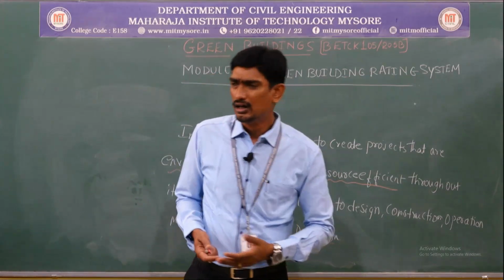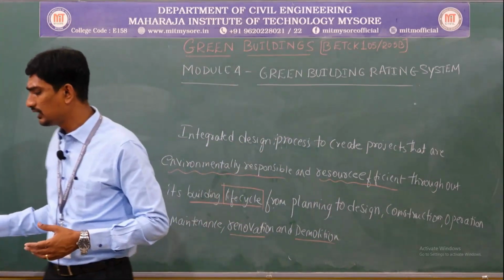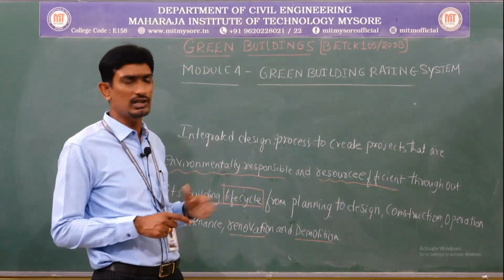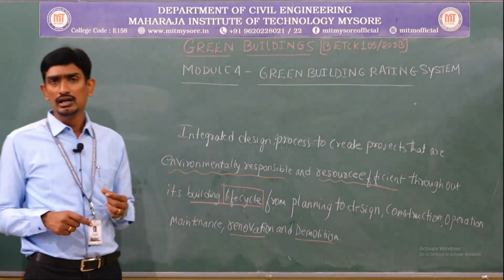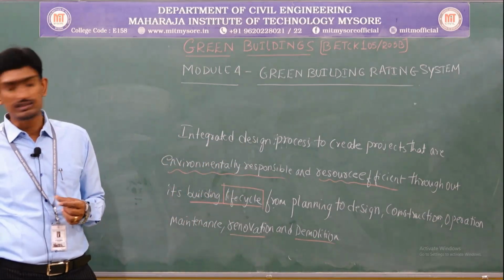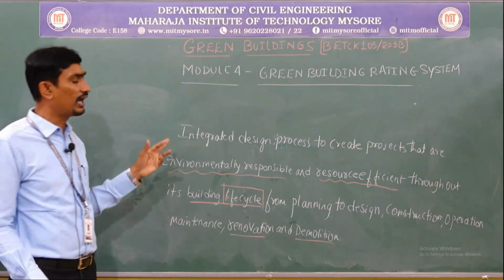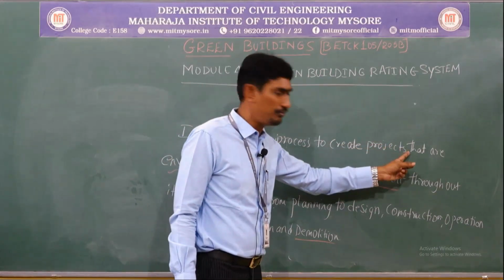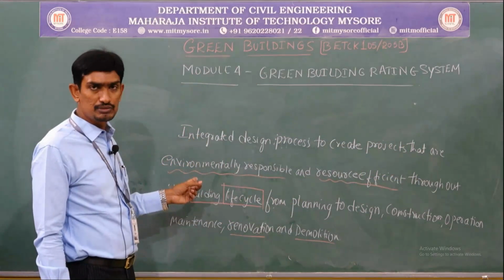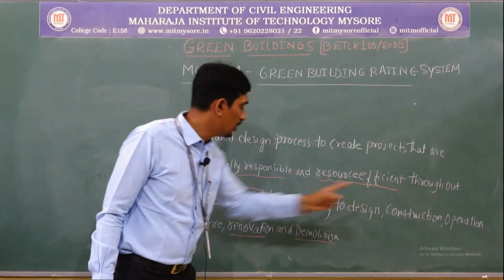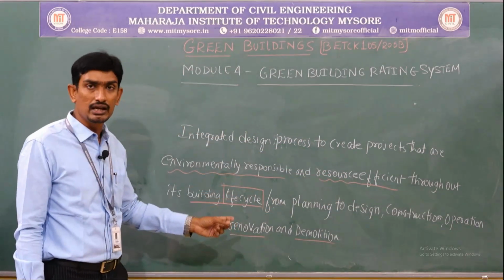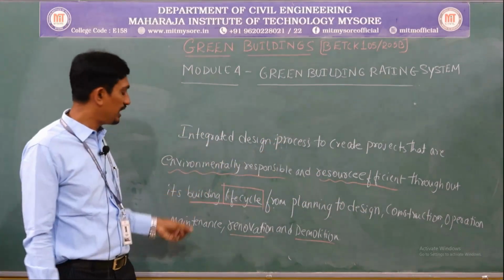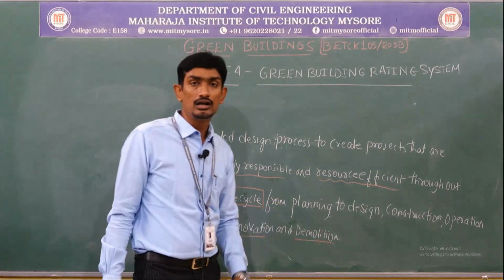So this is another definition. Usually I think the Indian Green Building Council, that is IGBC, which I am going to discuss, also states the same thing. The green building rating or certification system is an integrated design process to create projects or buildings that are environmentally responsible and resource efficient throughout the building life cycle, from planning to design, construction, operation, maintenance, renovation and demolition.